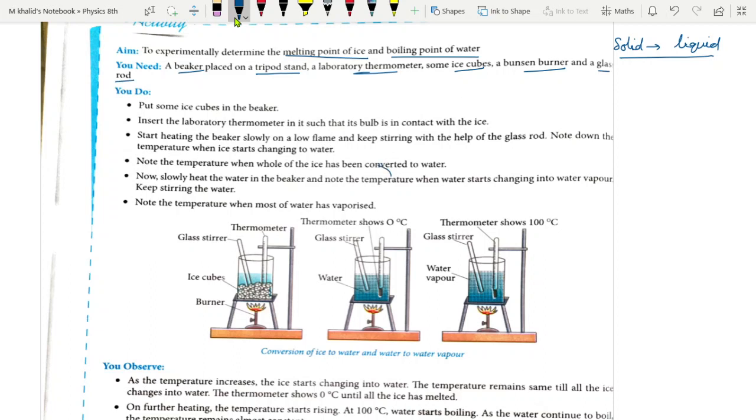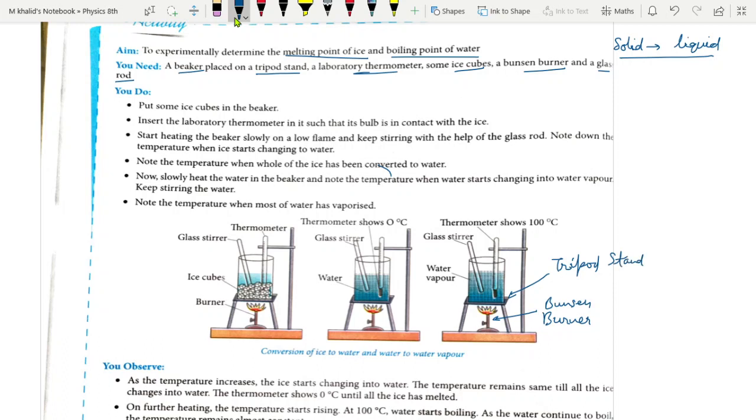What is a Bunsen burner? A Bunsen burner is this one. This is your Bunsen burner. Here it is your tripod stand.